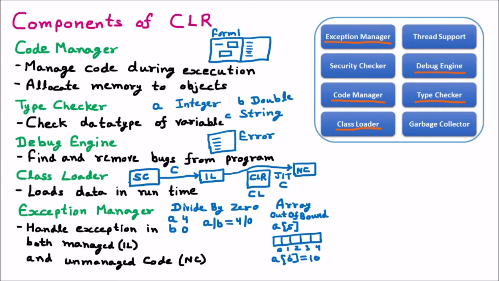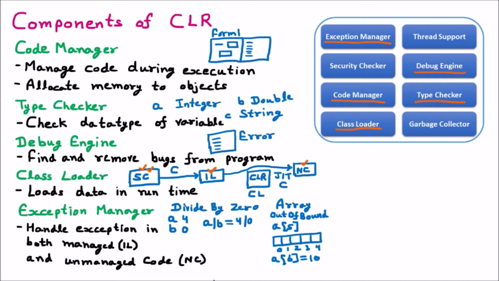Here in the diagram we can see that when the source code is compiled to the intermediate language, this is called the managed code, or if the source code is directly converted to the native code, we are not going to the intermediate, then it is called the unmanaged code. So source code directly converted to the native code is done by the normal languages like C, VB.